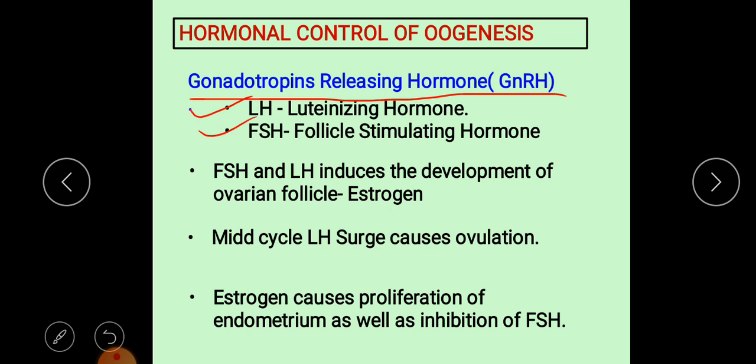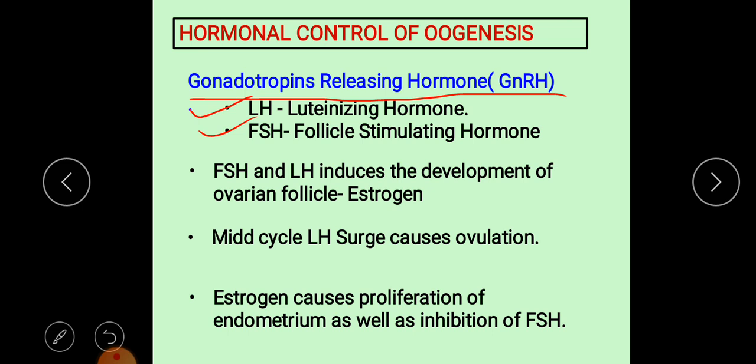These are the chemical messengers which move through the bloodstream and stimulate the follicles inside the ovary. FSH and LH induce the development of the follicle cells, but these two hormones play very different roles, as we will see now.